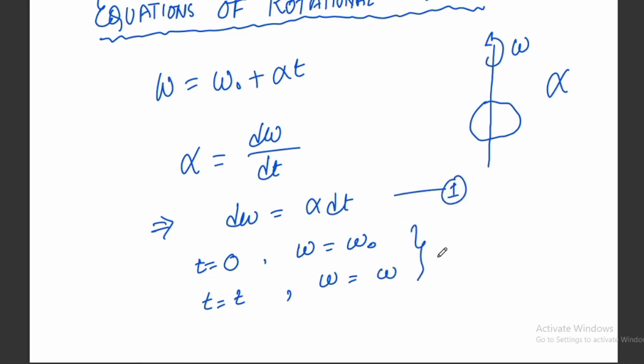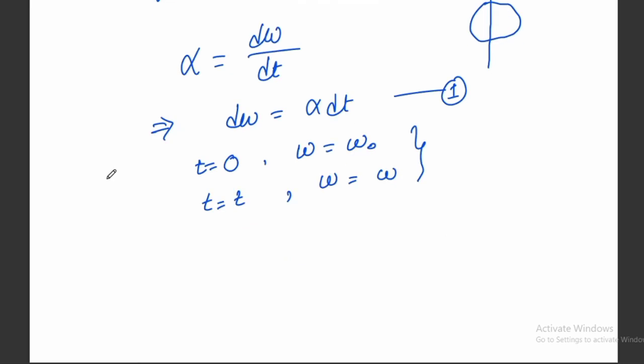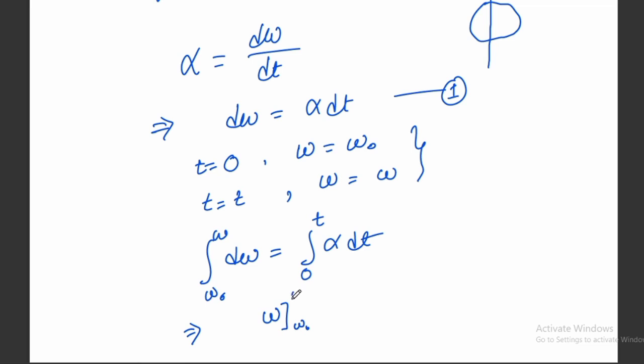Now putting these limits and integrating equation 1, we will get, so this is our omega naught to omega and this is our 0 to t. Now if we take the integration of d omega, it will be omega and limit is omega naught to omega, and alpha will be outside, so it will be t from 0 up to t.